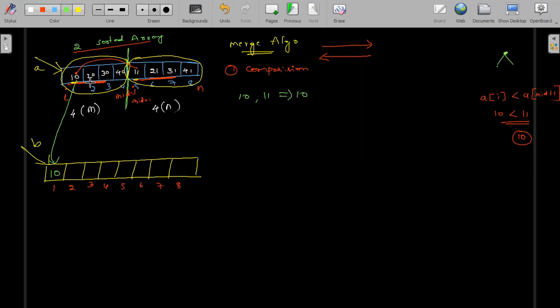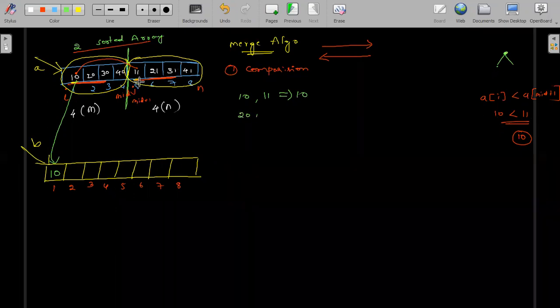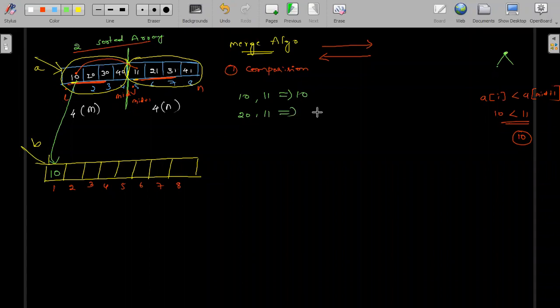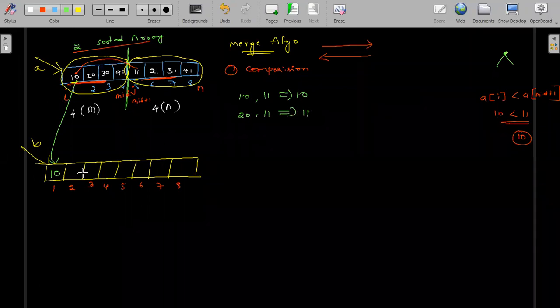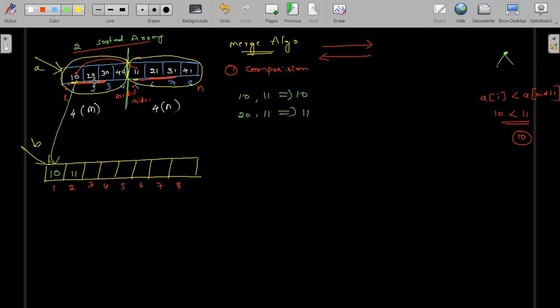It will go to 20. Compare 20 with j, which is 11. Check the least one. Which is the least one in this? 11. It will go here, 11. Now this is also over. Again compare 20 with j plus 1. Please understand, 20 with j plus 1. What happens here? 20. I'm sorry.